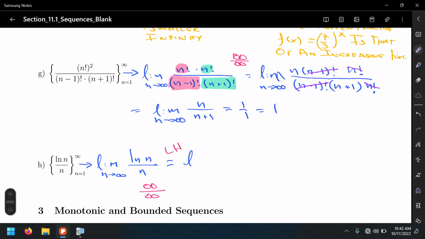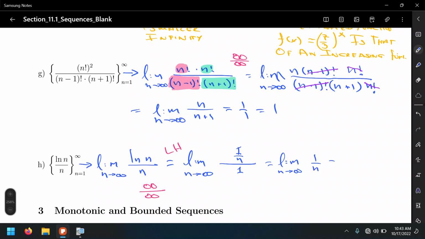So that's the limit as n approaches infinity, and take the derivative of the numerator and the derivative of the denominator. This is not the quotient rule. Be careful, not the quotient rule, but rather the derivative of ln n, which is 1 over n, and the derivative of n, which is 1. So we need to simplify this so we can compute the limit.